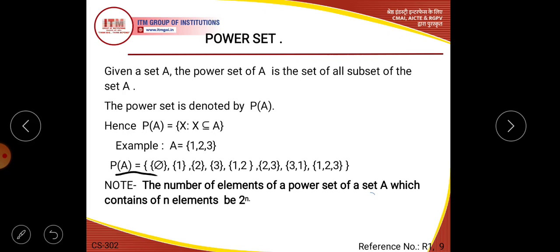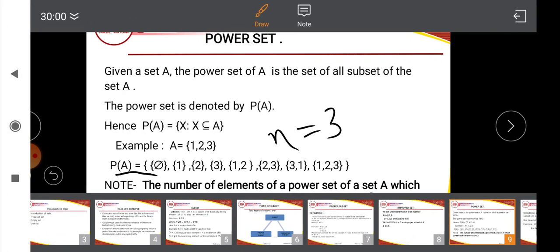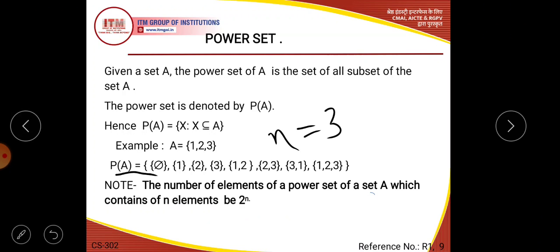Now one important note to discuss. The number of elements of the power set of a set A which contains n elements is 2 to the power n. It means that for the set having 3 elements, the value of n is equal to 3. Now, the number of possible subsets in a power set, 2 to the power 3, is equal to 8.